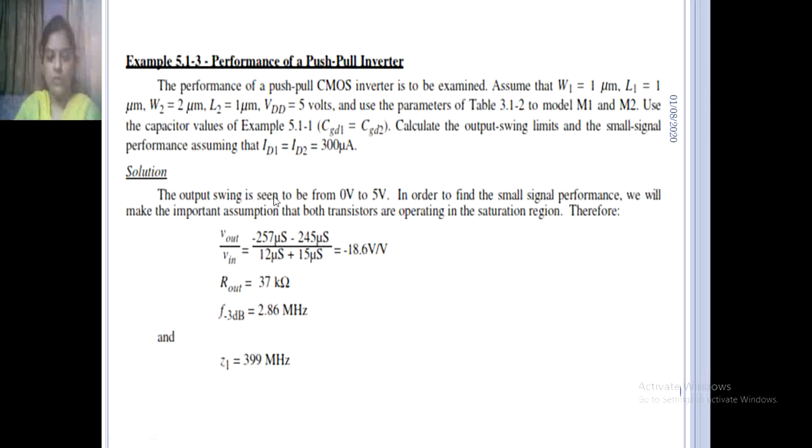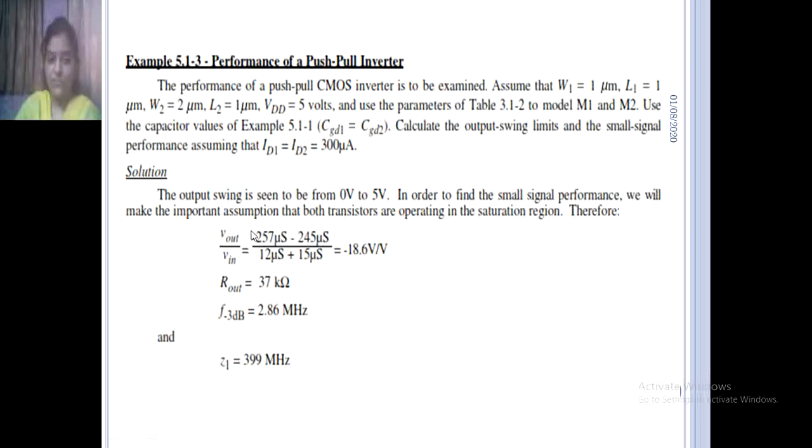The output swing is seen to range from 0 volts to 5 volts. In order to find the small signal performance, we make the important assumption that both transistors are operating in the saturation region.